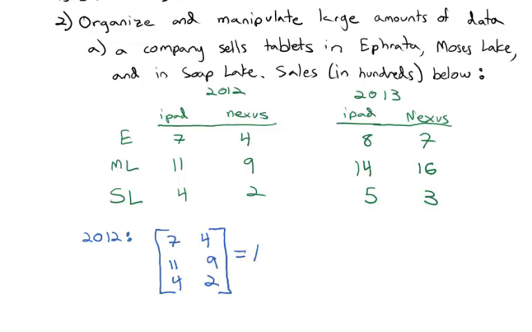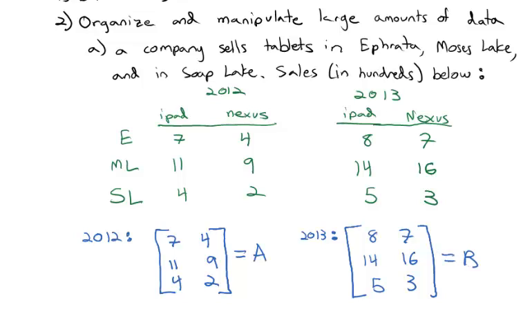And I'm going to call that matrix A for the sake of our example. And for 2013, the numbers would be 8, 7, 14, 16, 5, and 3. That's 2013. And that's going to represent matrix B.